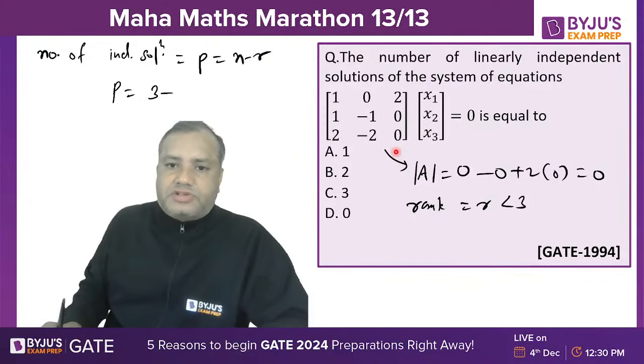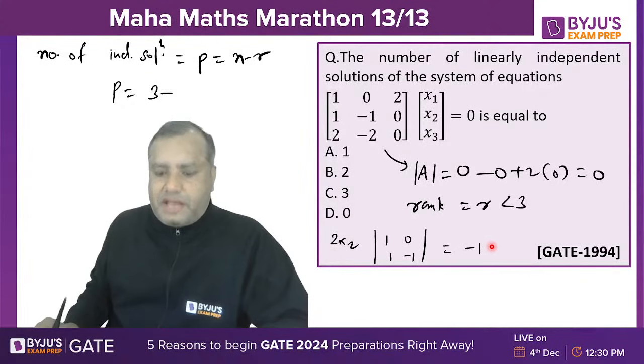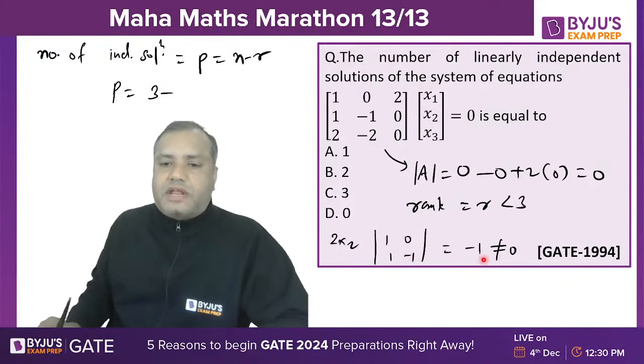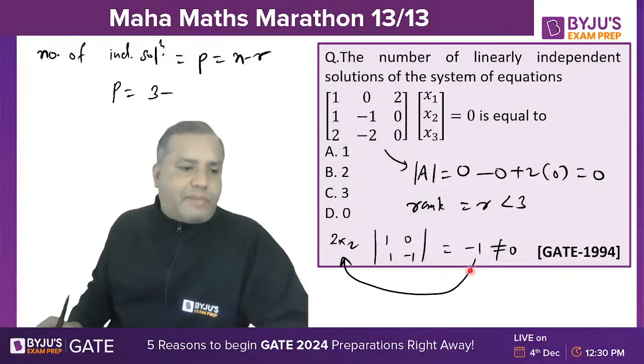Now checking for 2 cross 2 minors. There are many 2 cross 2 minors. I am just checking for 1, 0, 1, minus 1. So minus 1 is the answer. The 2 cross 2 minor is not equal to 0. If a minor is not equal to 0, just check its order. The order is 2 cross 2. That will be the rank of the matrix.